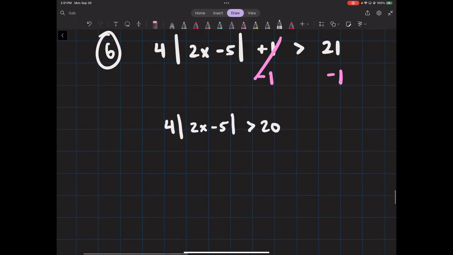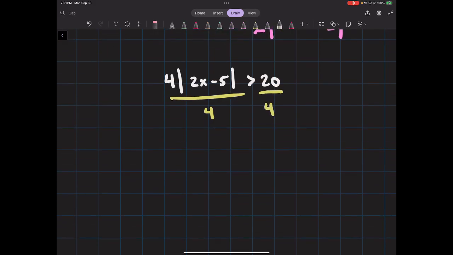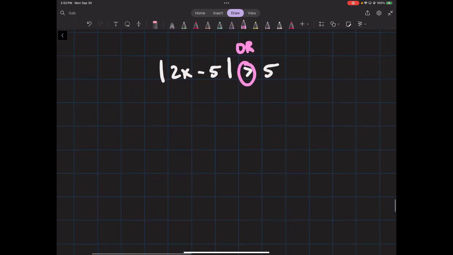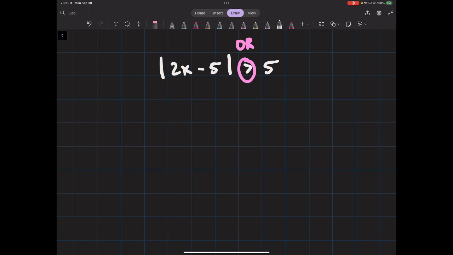And then you divide. You see through. Yeah, you could see. Okay, what kind of problem is this? Or. Great. Okay, and then you just finish up.